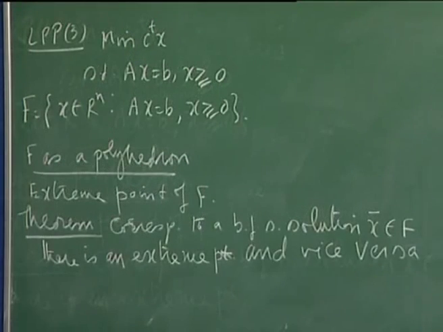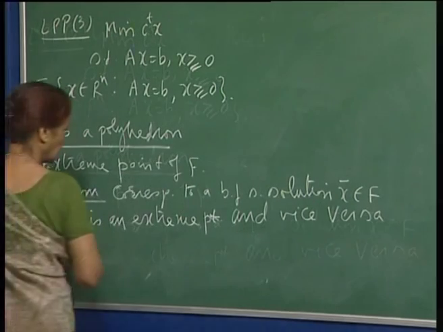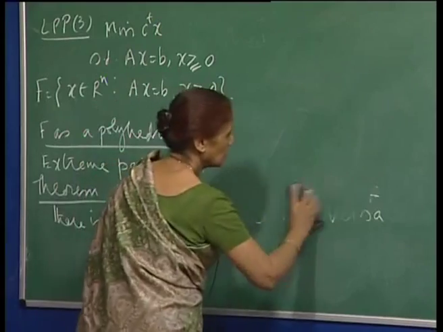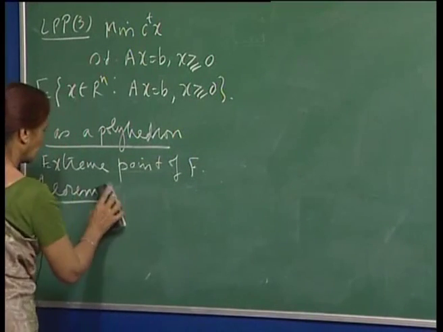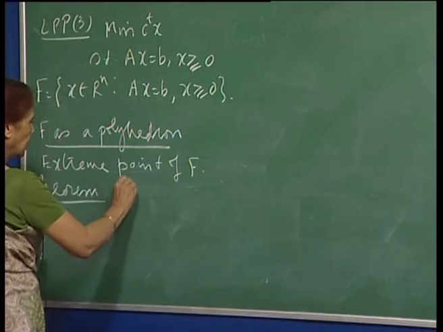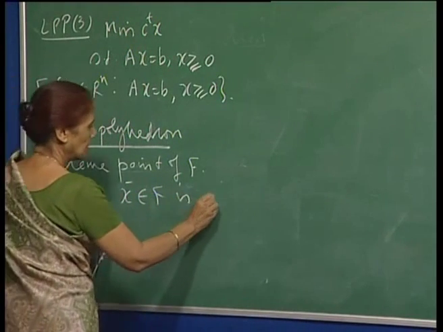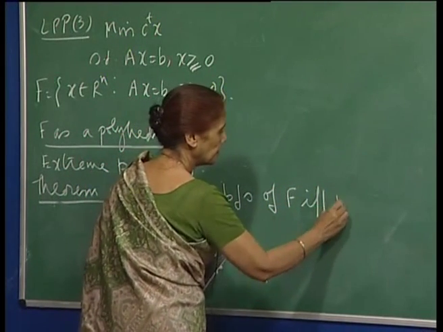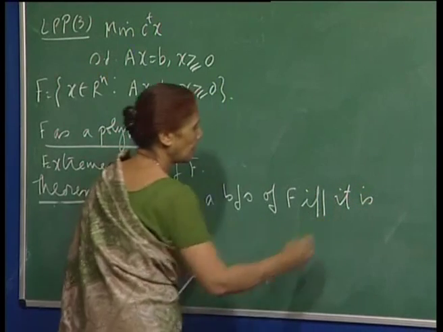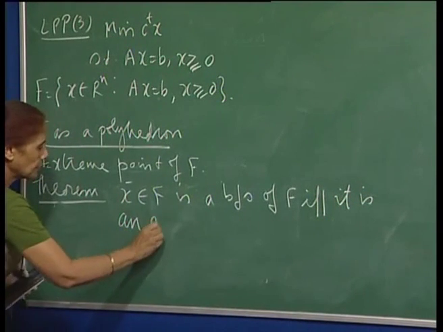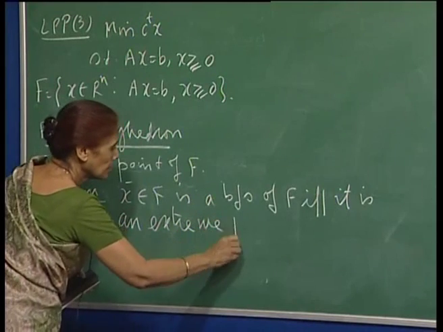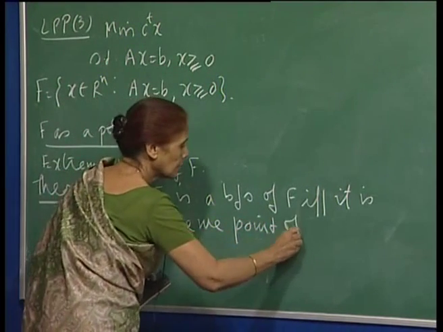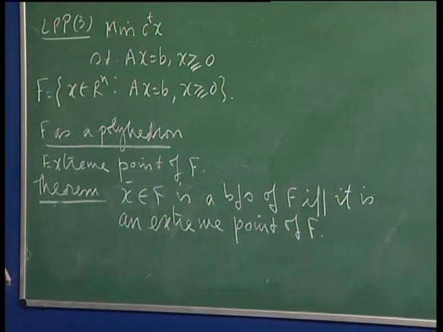Maybe I should reword the theorem. Essentially, what I want to say is that it holds if and only if it is an extreme point. So, maybe you will allow me to rewrite the theorem. I will just erase this. x bar belonging to F is a basic feasible solution of F if and only if it is an extreme point of F. This is a better way of what I want to say.